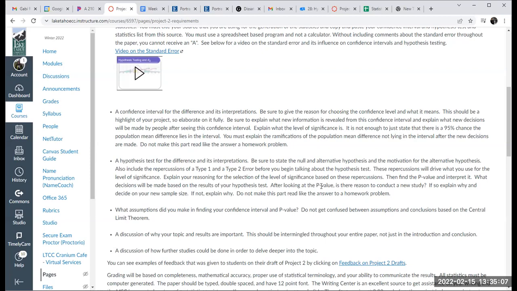And if the p-value is 0.001, there is no chance of a type 2 error. How come? So let me give you an example.